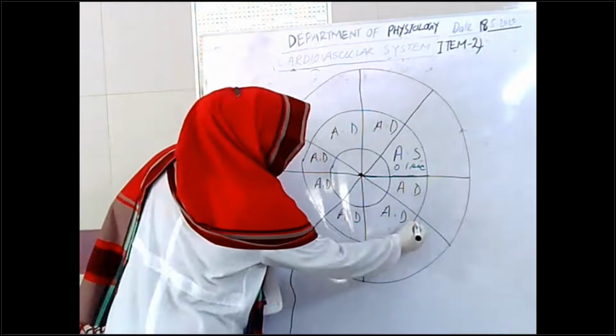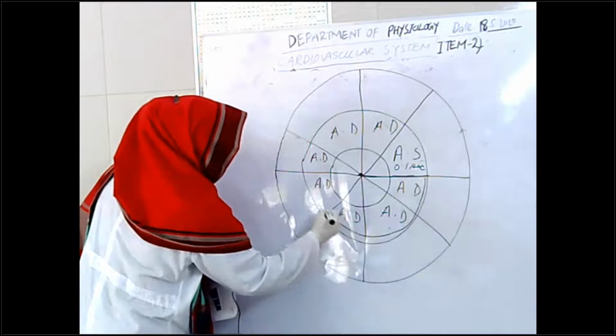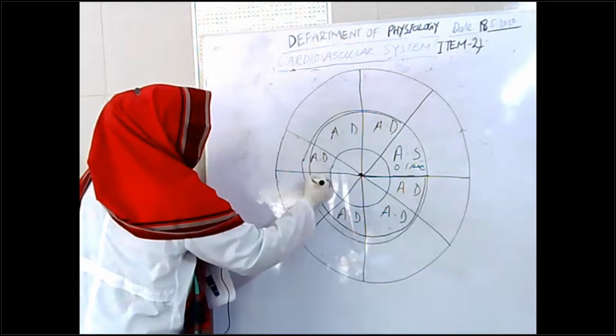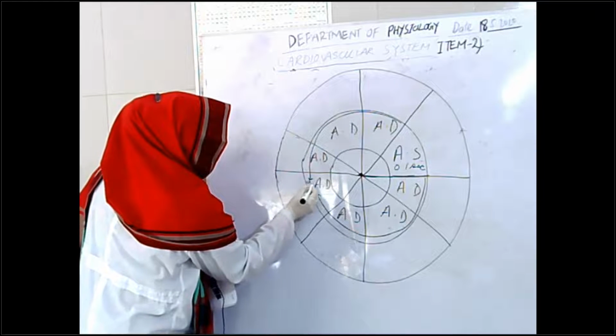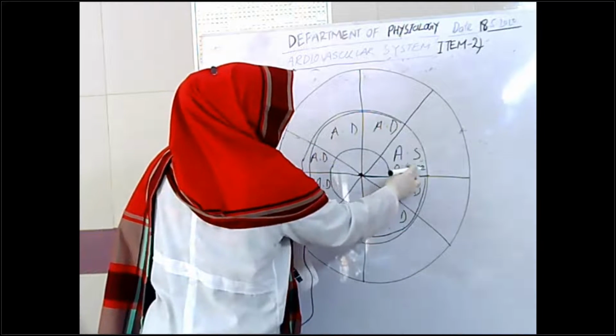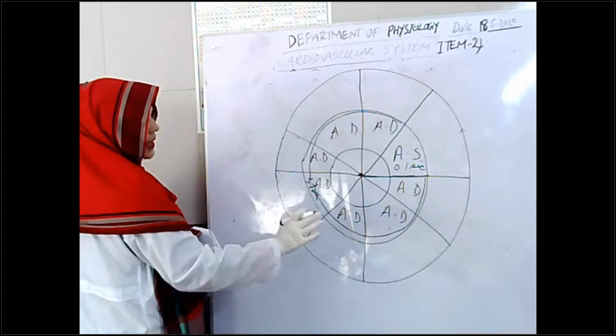That is, this whole area of atrial diastole is 0.7 second. Atrial systole is only 0.1 second and atrial diastole is total 0.7 second.